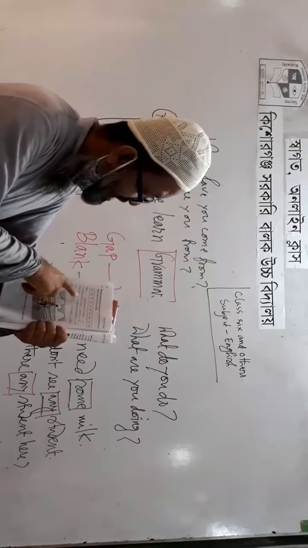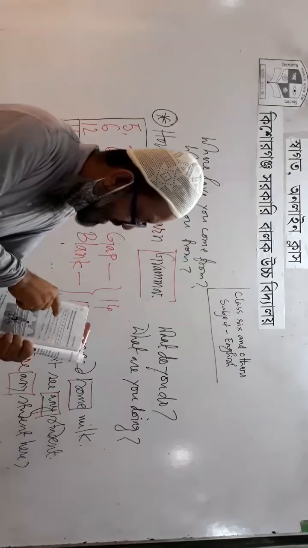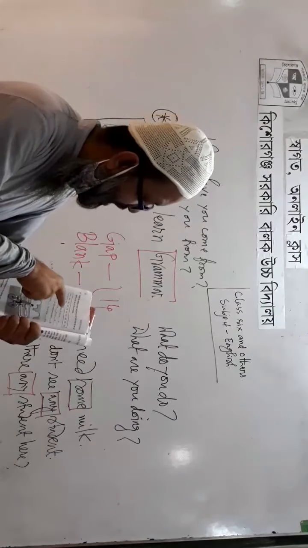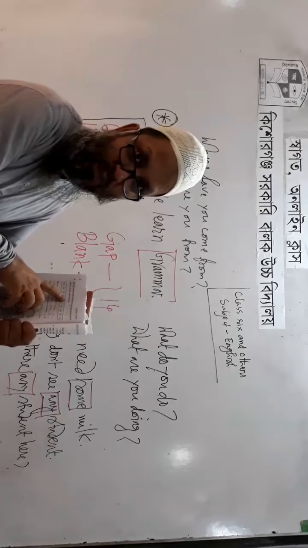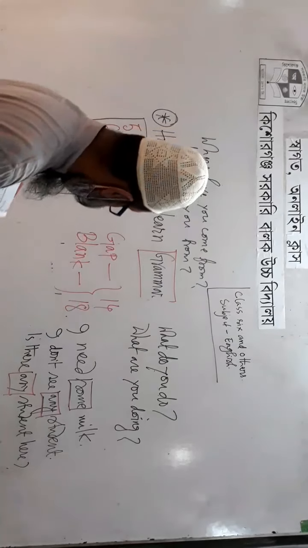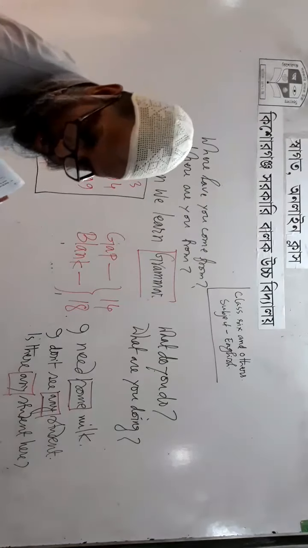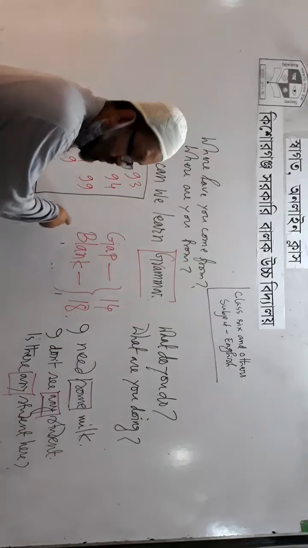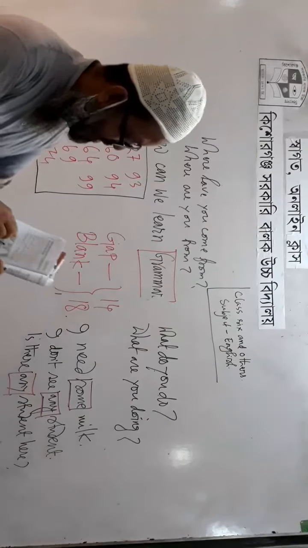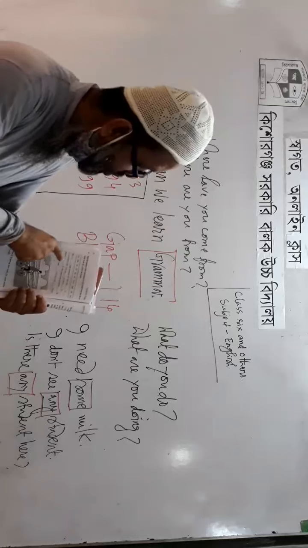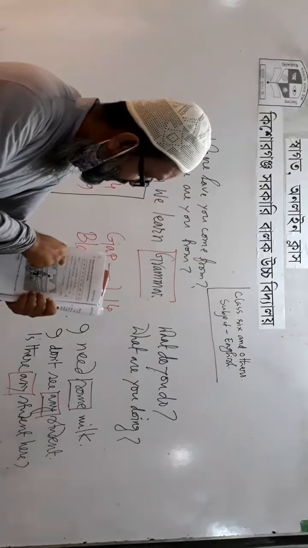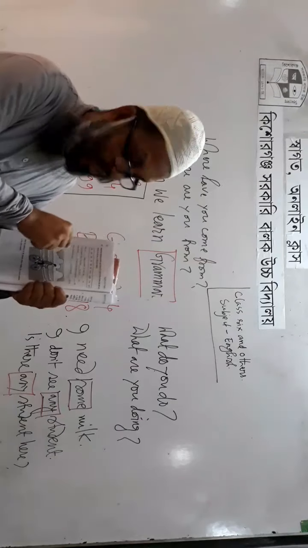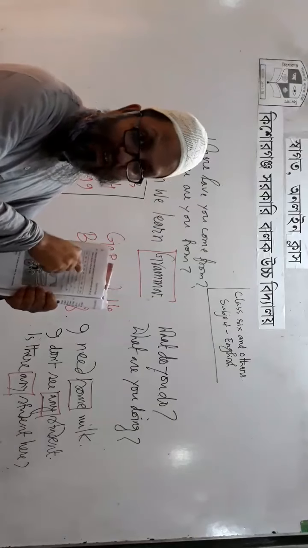Okay, see that although it is said blank here, actually it will not be blank, it will be a gap. I will tell you later which one is a gap and which one is a blank. Just try to see what is said here. You will fill up the passage with the help of different verbs here.